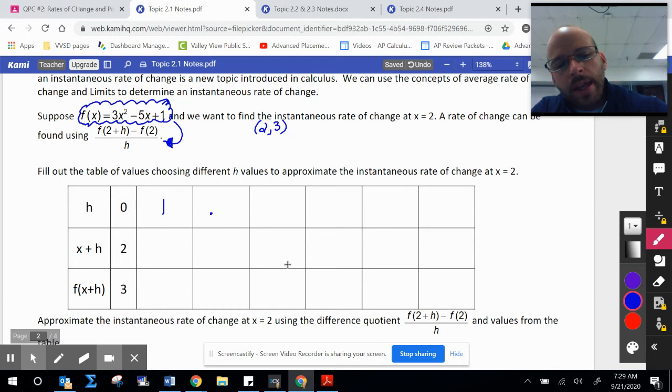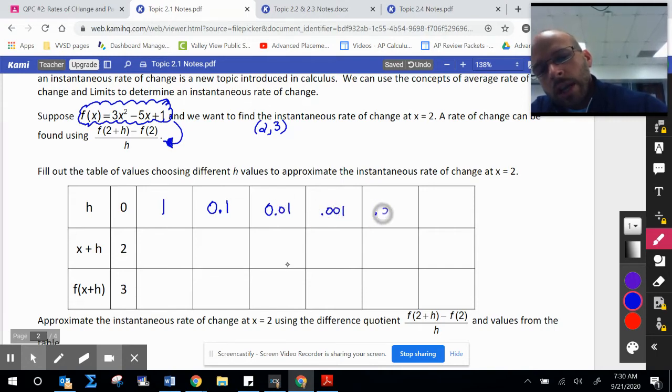And if I make that increasingly small, to like 0.1 or 0.01 or 0.001, and I keep getting smaller, right?